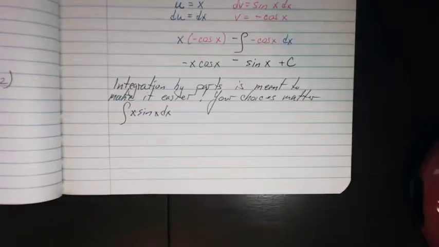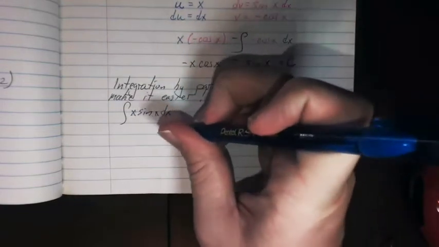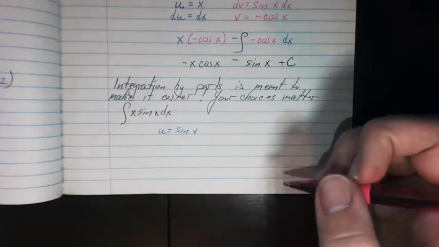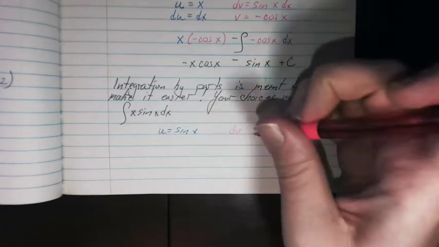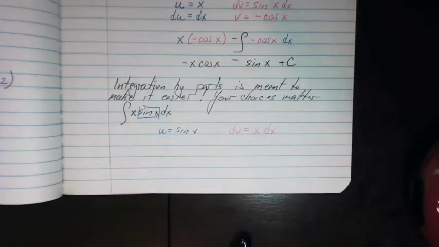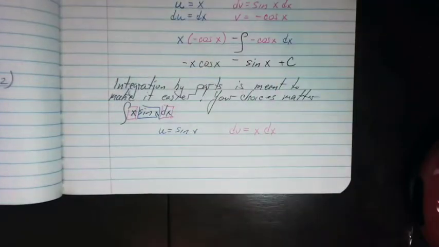The important thing to recognize is that integration by parts should always make your life easier. If it's making your life more difficult, something went wrong. For instance, if I said that u was equal to sine of x, and I said that dv is just equal to everything else, so x dx, well, let's see what it would be.